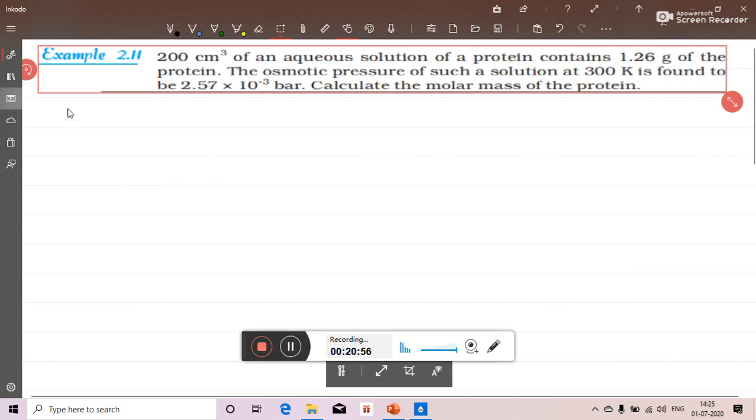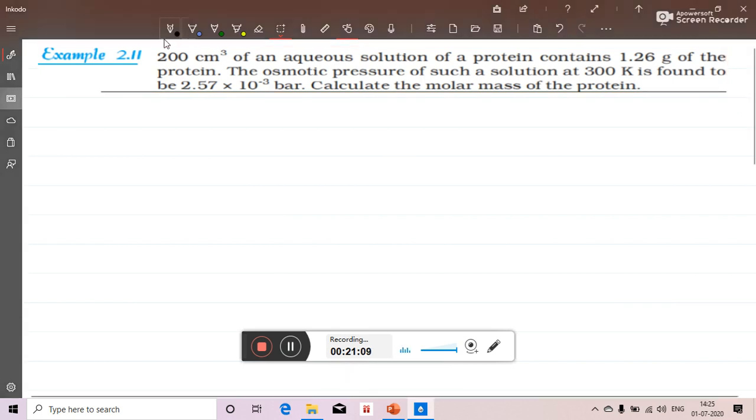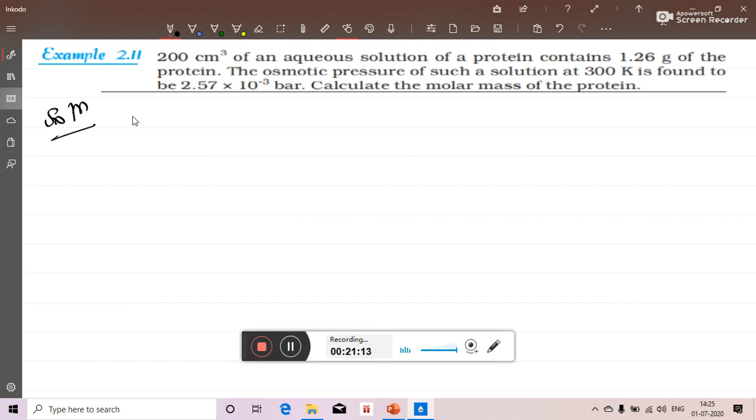Now example 2.11. 200 centimeter cube of an aqueous solution of a protein. So your volume of solution is given as 200 centimeter cube. Now 200 centimeter cube means 200 ml. Now we require volume of solution in liter, so it will be 0.2 liters.